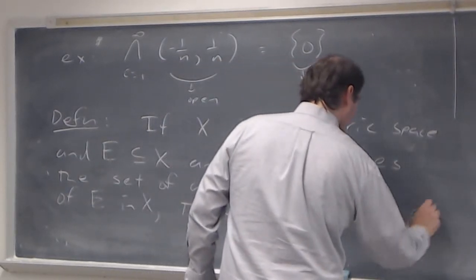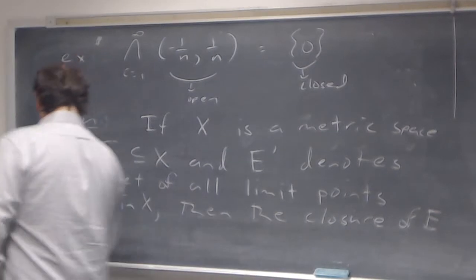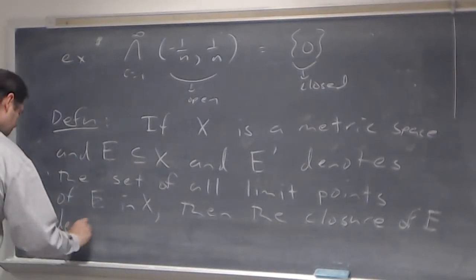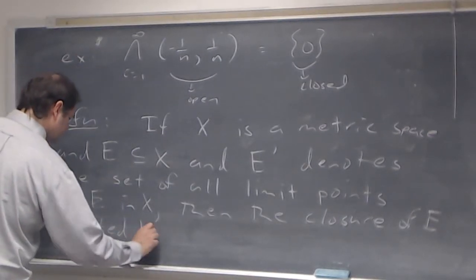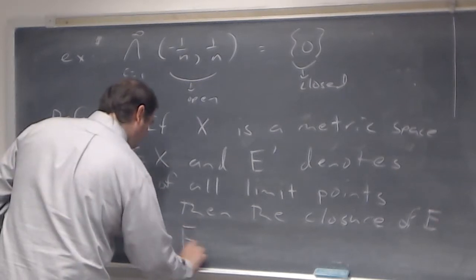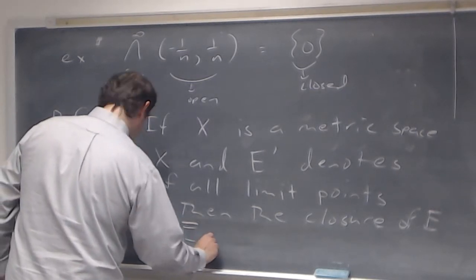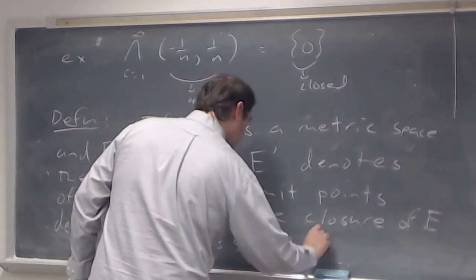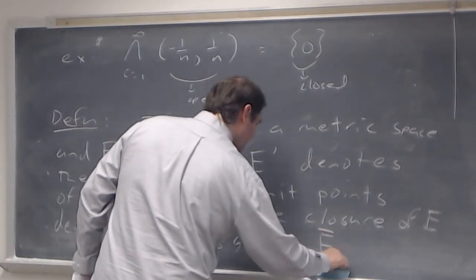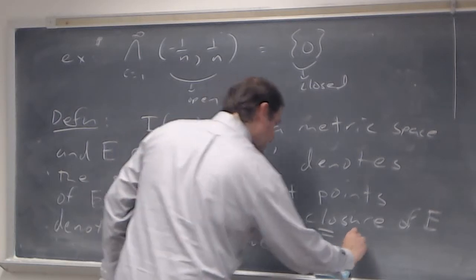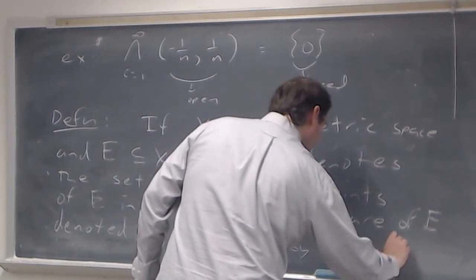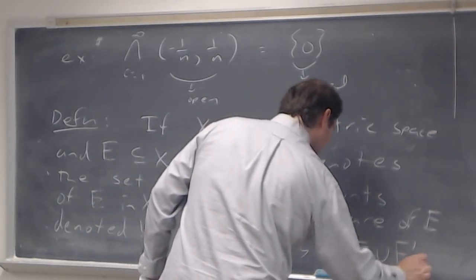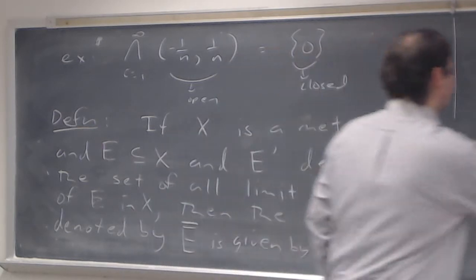The closure of E, denoted by E with a bar over it, is given by E closure equals E union all of its limit points. That's the definition.